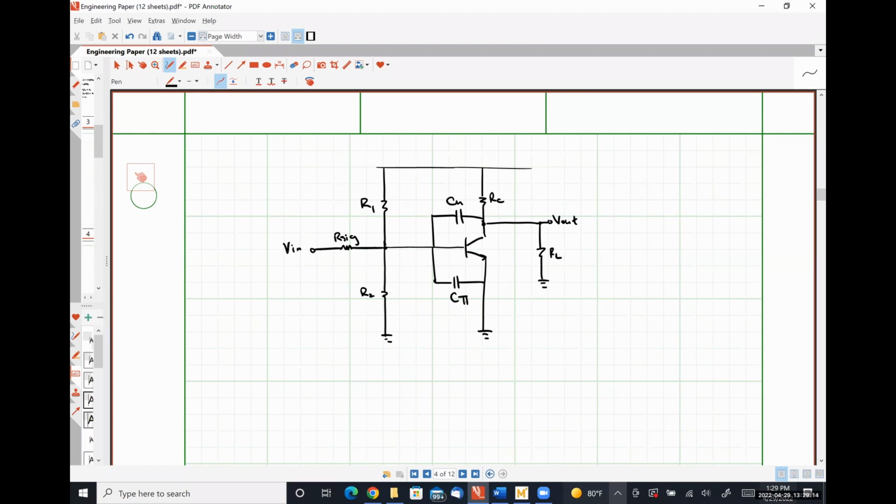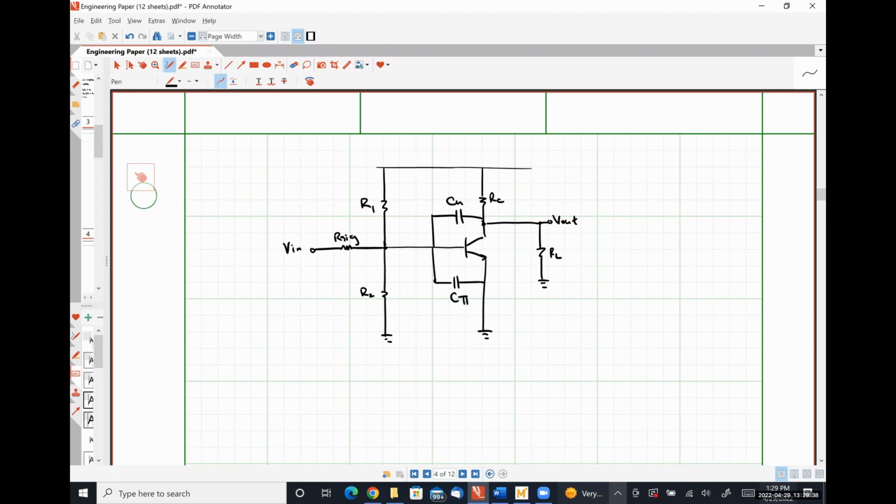C pi is just in parallel with R1 and R2, so that's fairly straightforward. C mu links the base node to the collector node, and so I tell you very explicitly to use the Miller method to split a portion of it, put it in parallel with C pi, and the other portion of it would be in parallel with RC, RL.